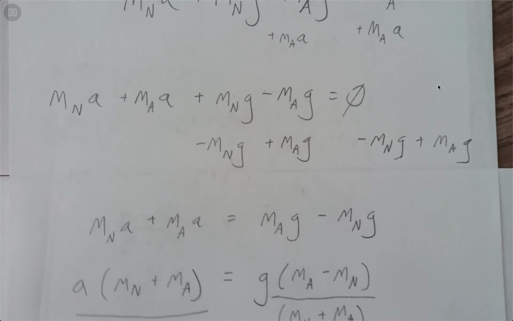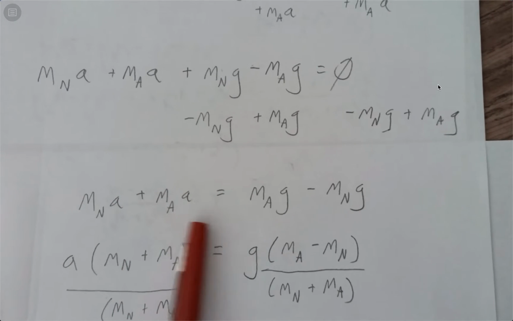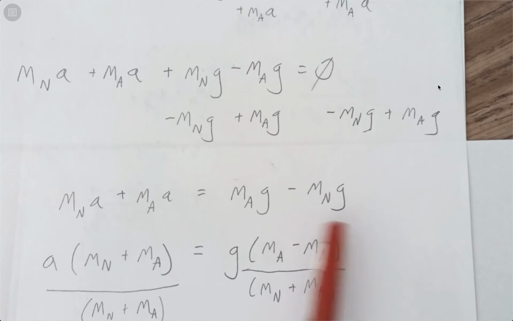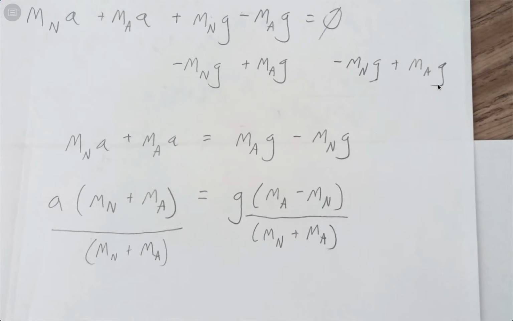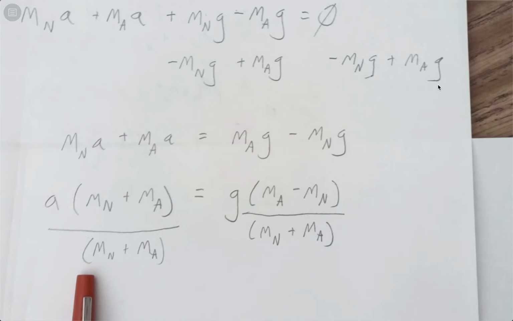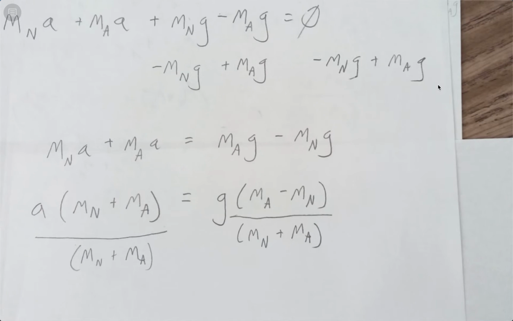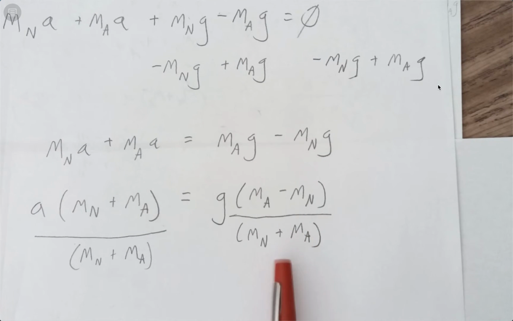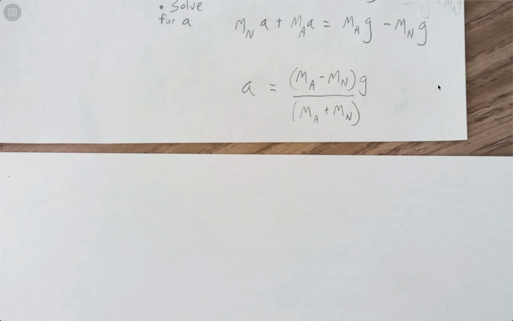So now I'm left with the novice times acceleration plus the abbot times acceleration, equal to the abbot times gravity minus the novice times gravity. So what we're left with is this acceleration term, dividing then onto both sides, and now we're left with the term we're seeing here, that the weight of the abbot minus the weight of the novice divided by their total mass. And that will be our acceleration.